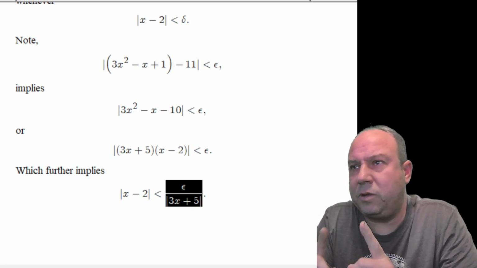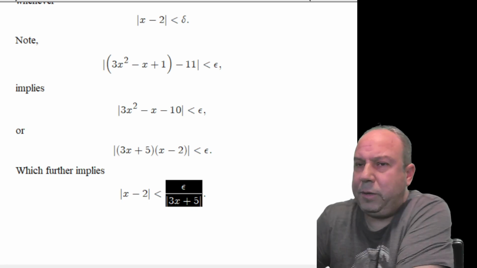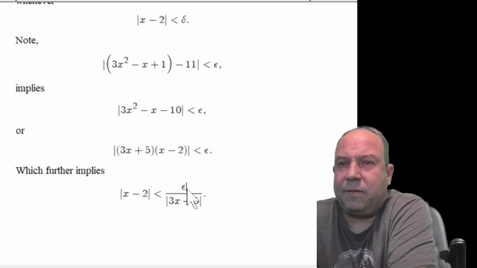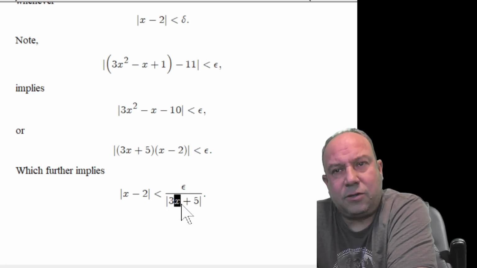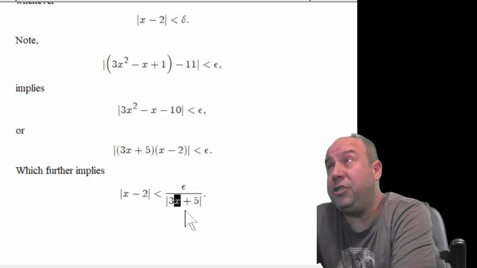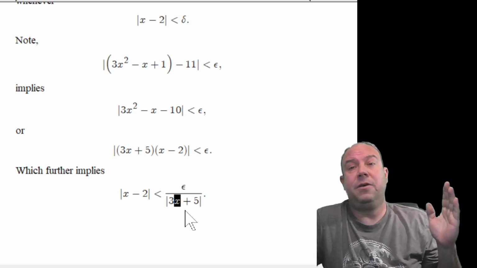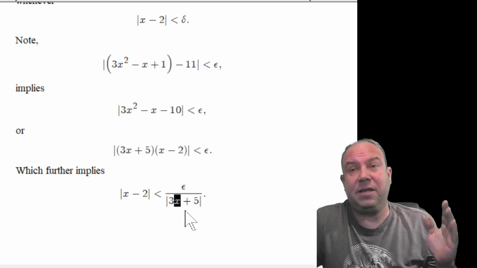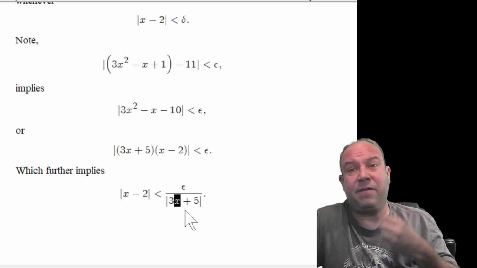Making the choice with this value for delta has an issue, because this doesn't just work for every corresponding value of epsilon. This value of delta also depends upon the location of your independent variable x. So this value of delta doesn't stay consistent for every given value of epsilon.